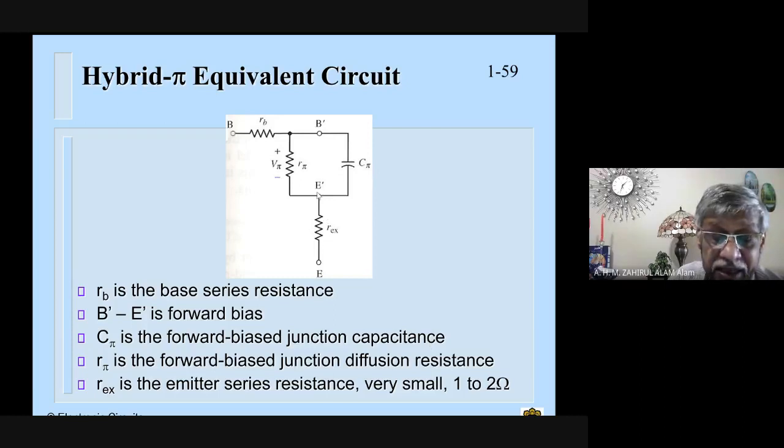This is internal, and this is external. This is the emitter series resistance, which is very small. That is why in our high frequency equivalent circuit we neglect this one to simplify our analysis.